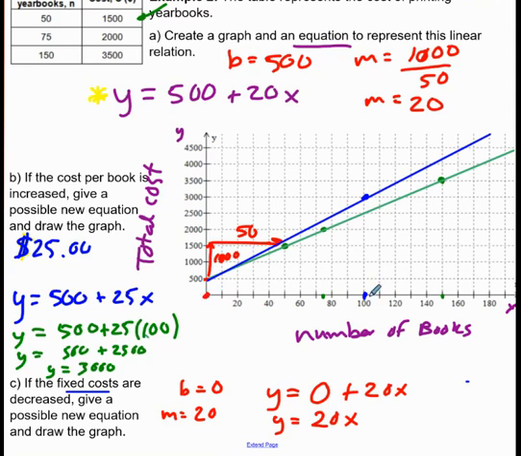Again, pick a point like 100. That's convenient. So do some math on the side here. 20 times 100 is 2,000. Okay?